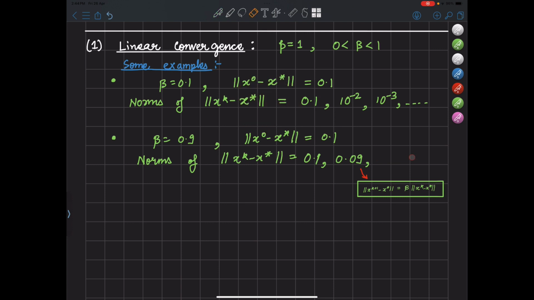No, it will be 0.081, because this gets multiplied by this, right? Then again, 0.081 multiplied by 0.9 is 0.0729. So you can see it's not reducing as fast as the previous one.